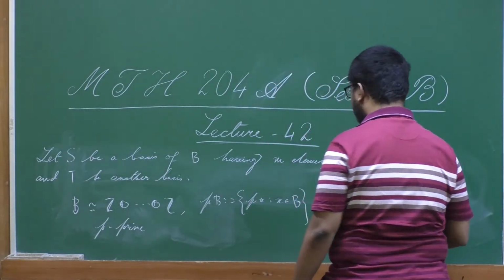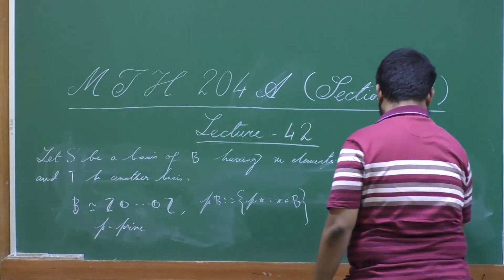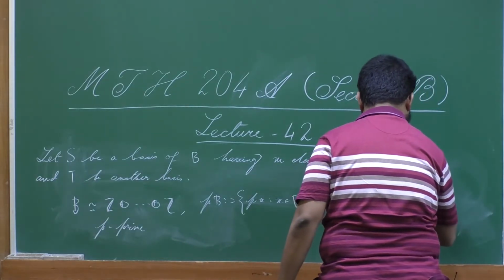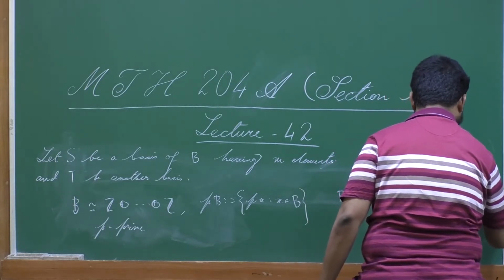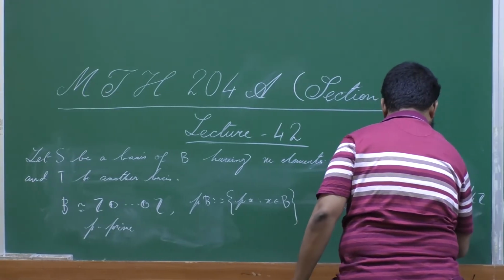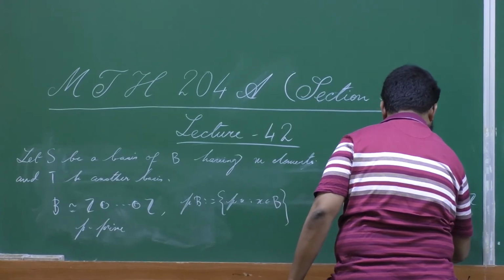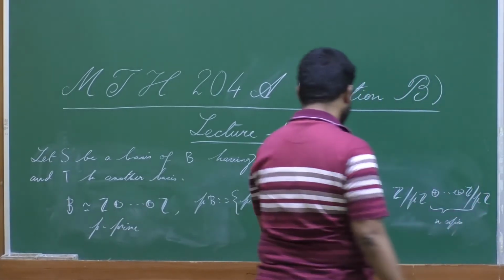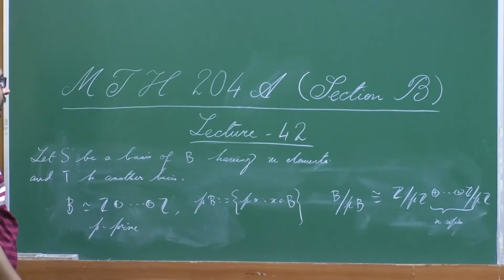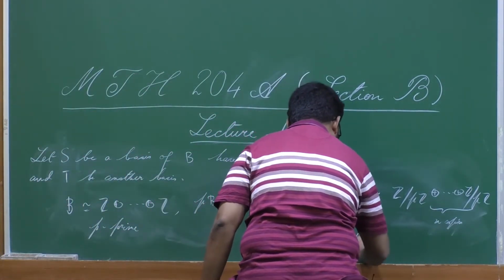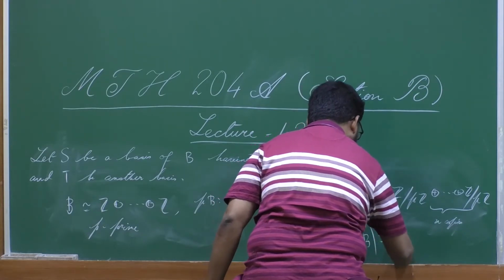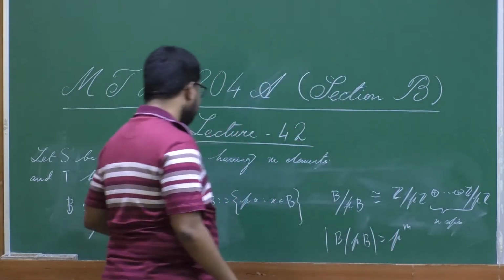So, this is quite clear. So, the order of B modulo pB will be p to the power m.